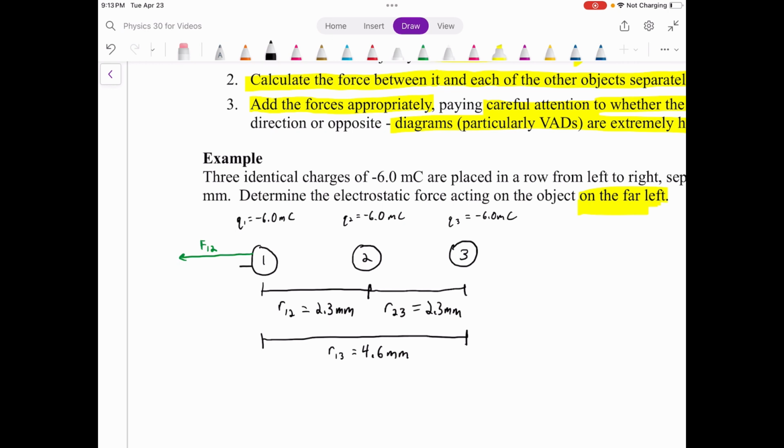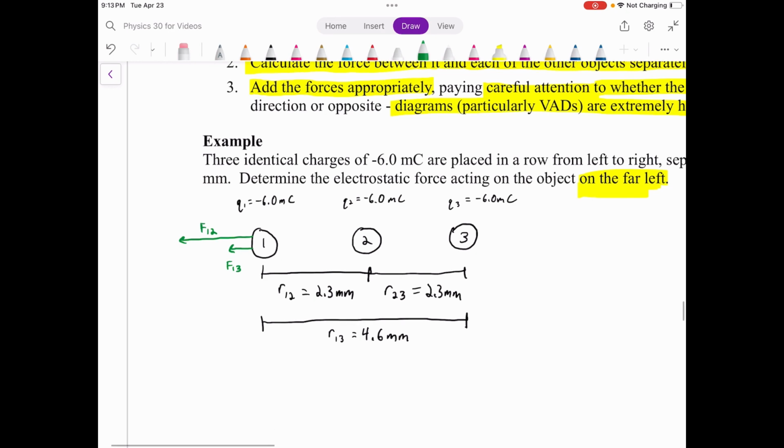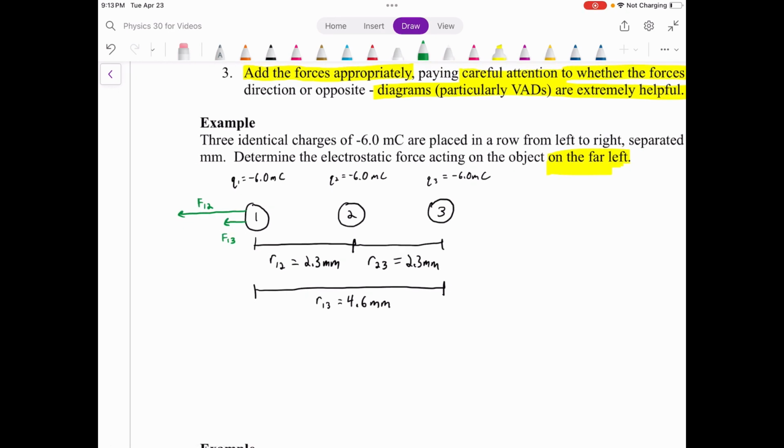So I'm going to draw F13 about 1/4 as large as F12. Obviously, if I don't do it that way, I won't get the wrong answer or anything, but it's a good way to just keep track and keep our heads in the right place on this, right? Predicting what we're expecting to find accurately.